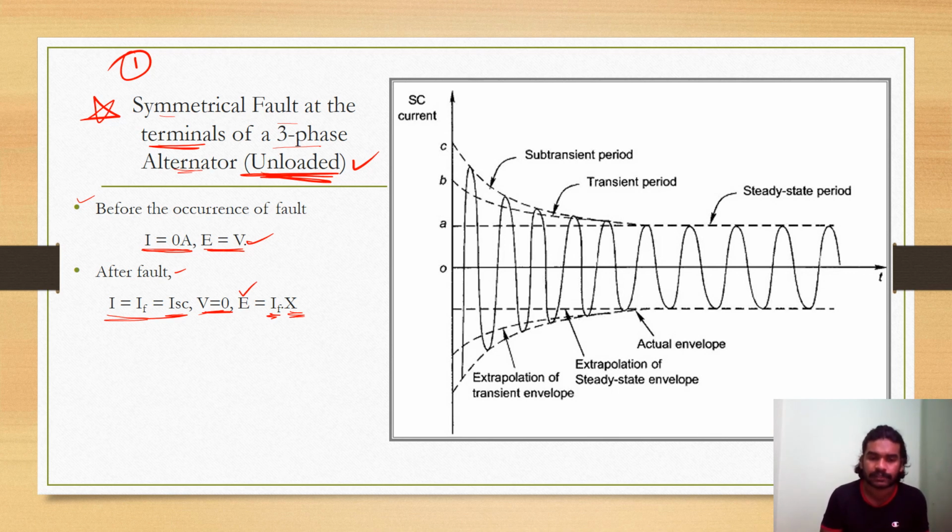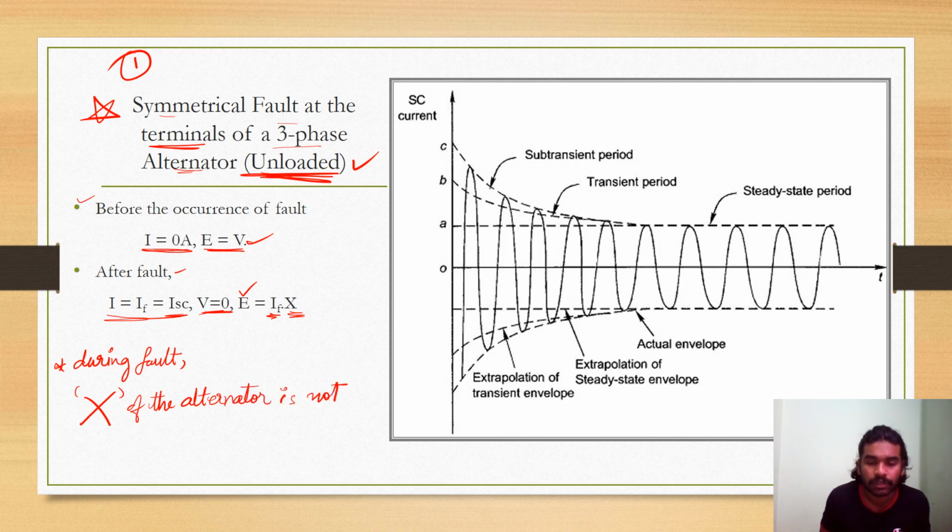One important property is, during fault, the reactance X of the alternator is not constant.